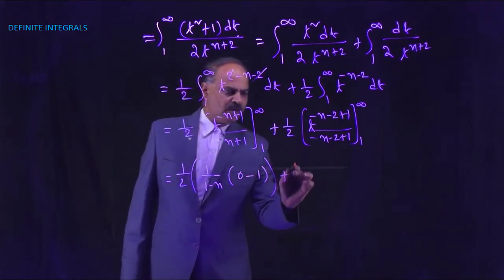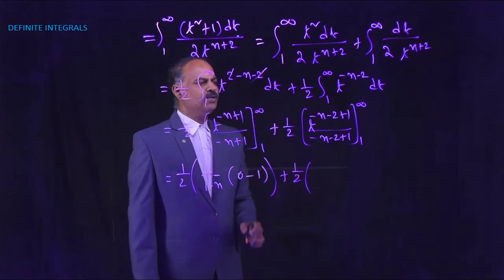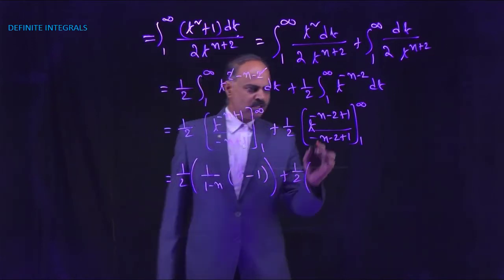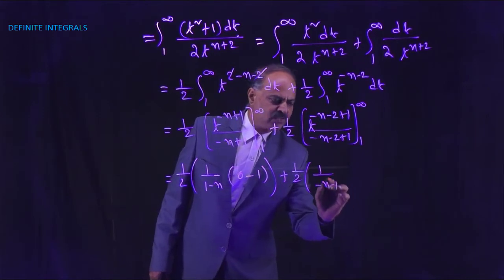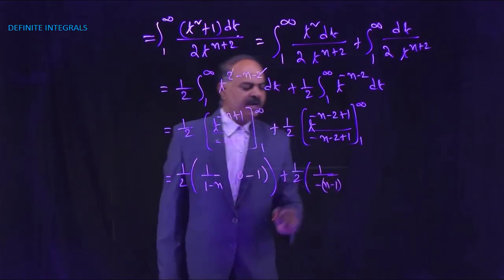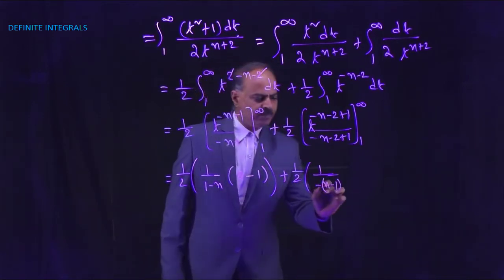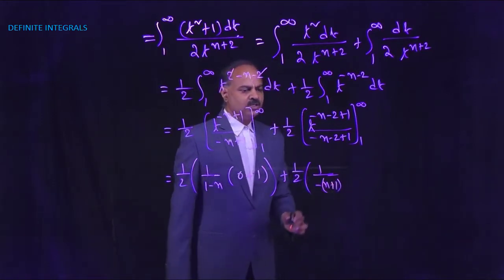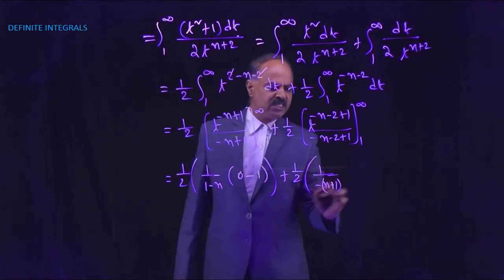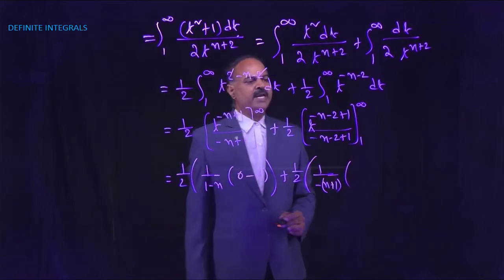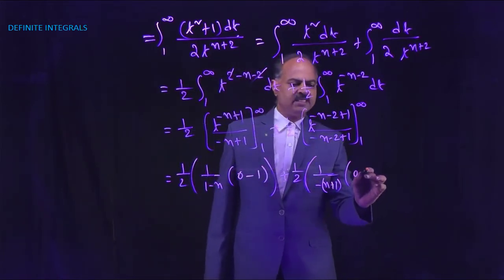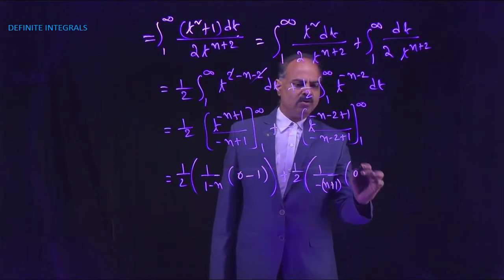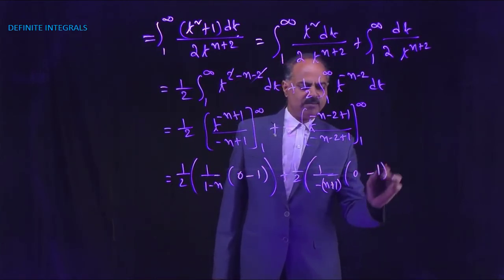Next, plus 1 by 2 into 1 by minus n minus 1, that is 1 by minus of (n plus 1), into substituting the upper limit in place of t. So t to the power minus infinity is 1 by infinity, which is 0, minus 1.